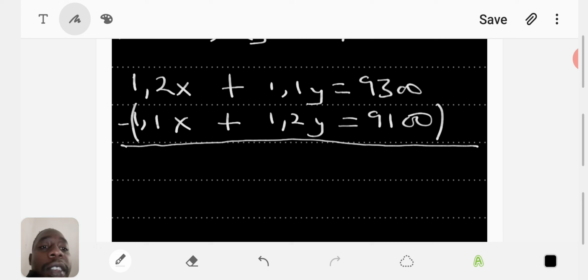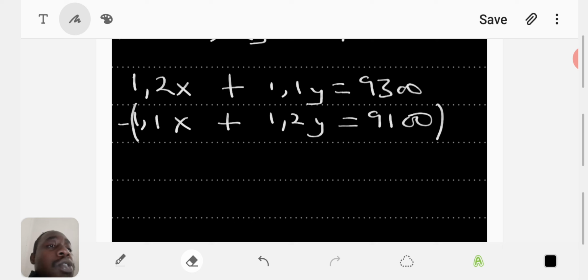Before we go there, we need to multiply our first equation, because we're still going to use the elimination method here, in a way that we multiply the first equation by 1.1 and the second one by 1.2.